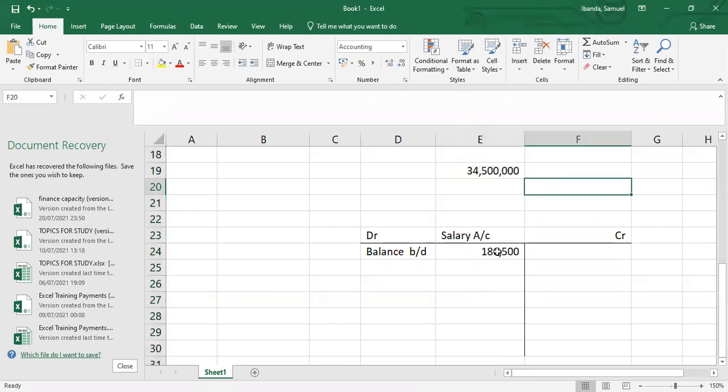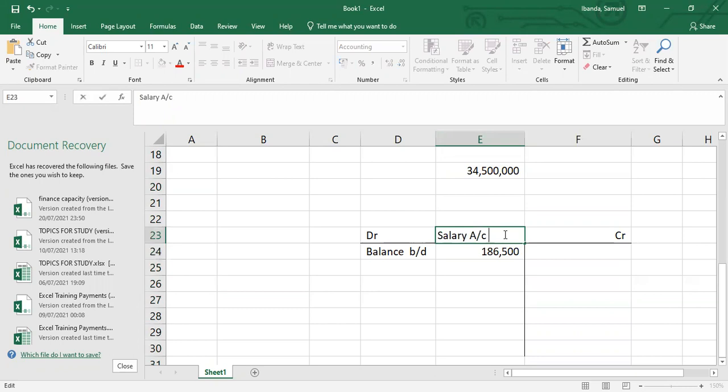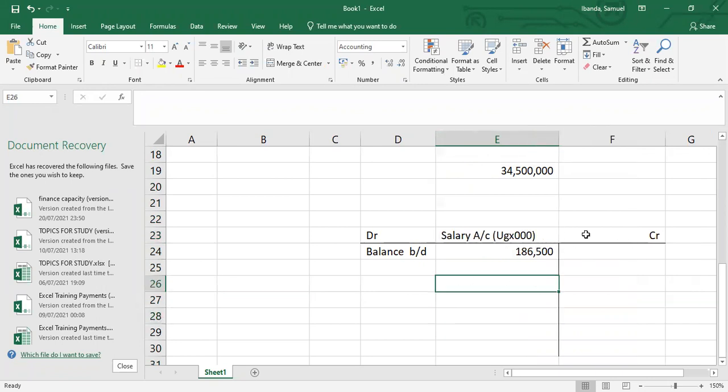It is like that. This could be in thousands, amounts are in thousands, maybe UGX thousands. It's good to put this degree of precision. So this amount has to be excluded from this 186.